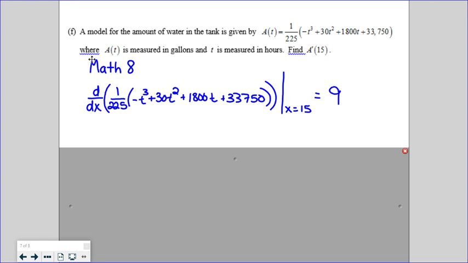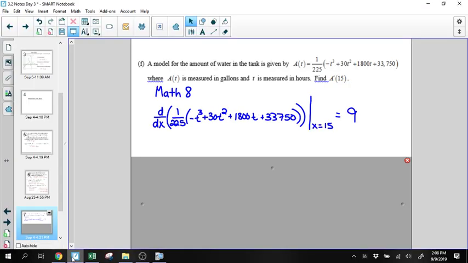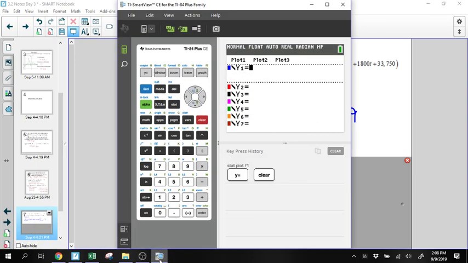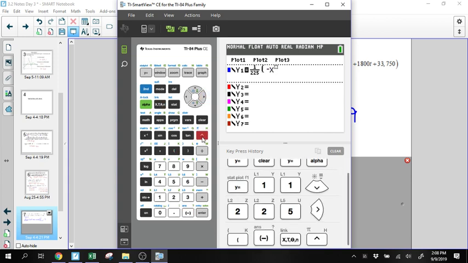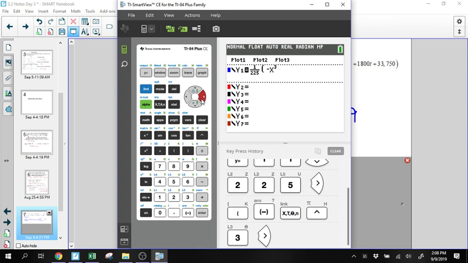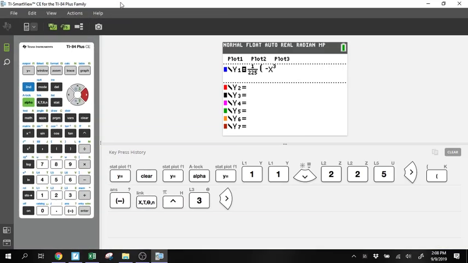I'm going to show you a little calculator trick here.